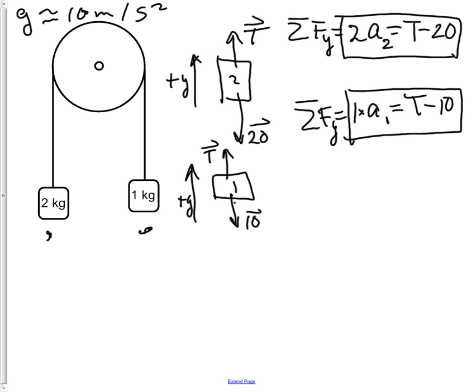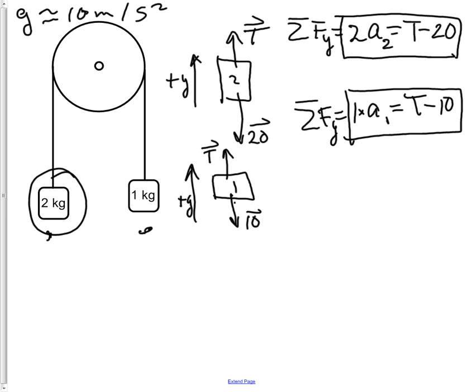But now we have to stop and think carefully about what the signs of those accelerations are relative to each other. Because notice that I've chosen plus y in both of the two cases, okay? So let's use our heads.